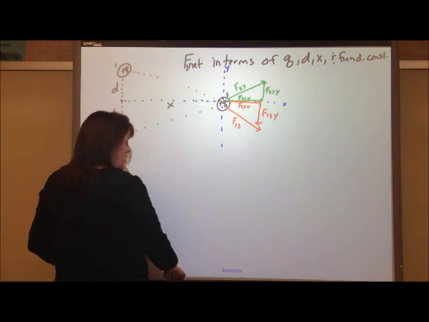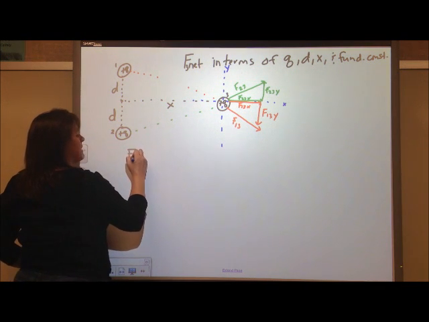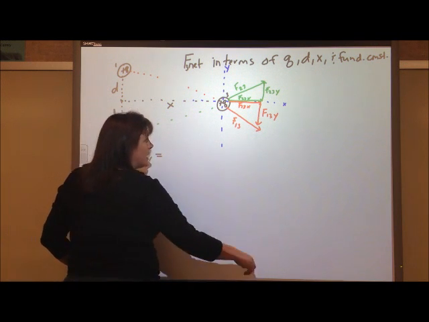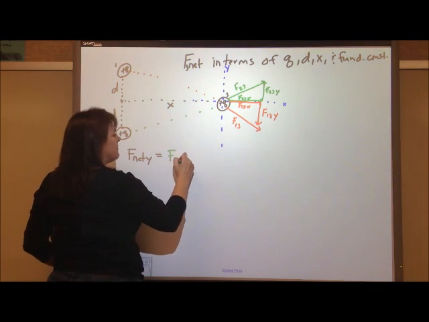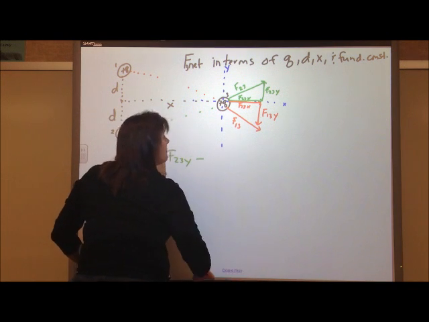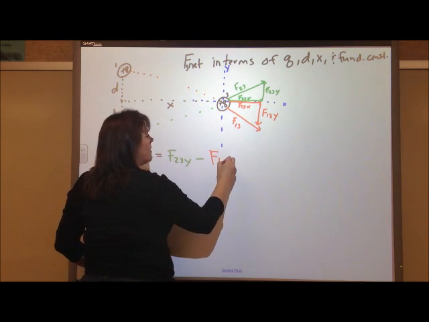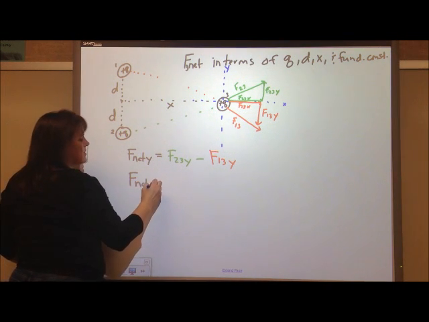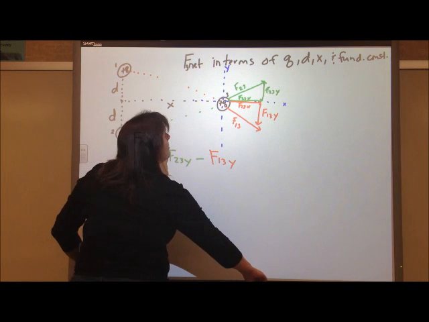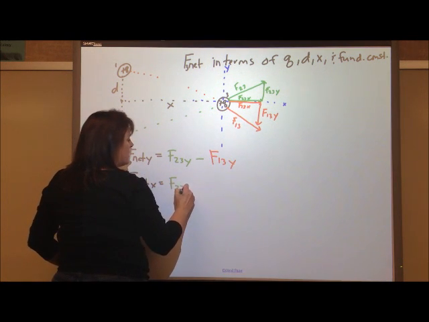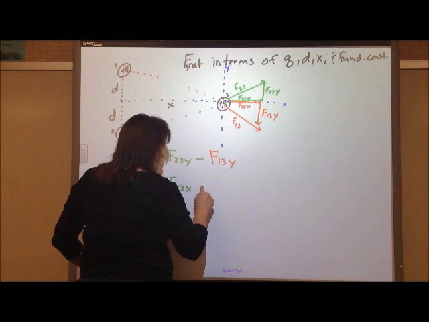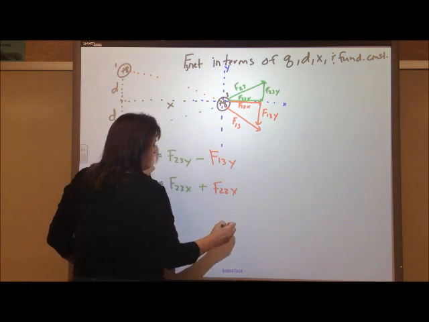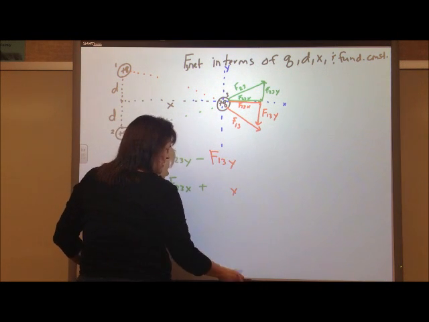So we're going to have a net force in the y direction, which will be F23y minus F13y, and a net force in the x direction, which is going to be a sum of F23x plus F13x.